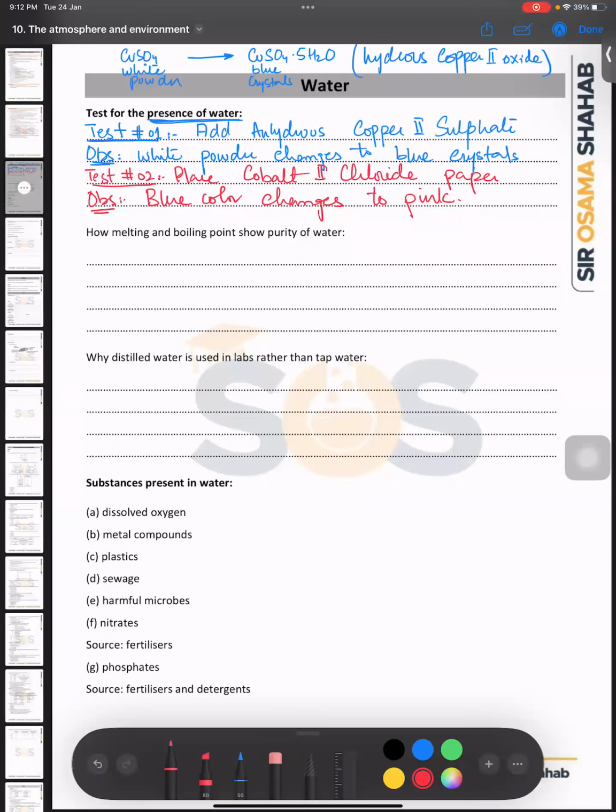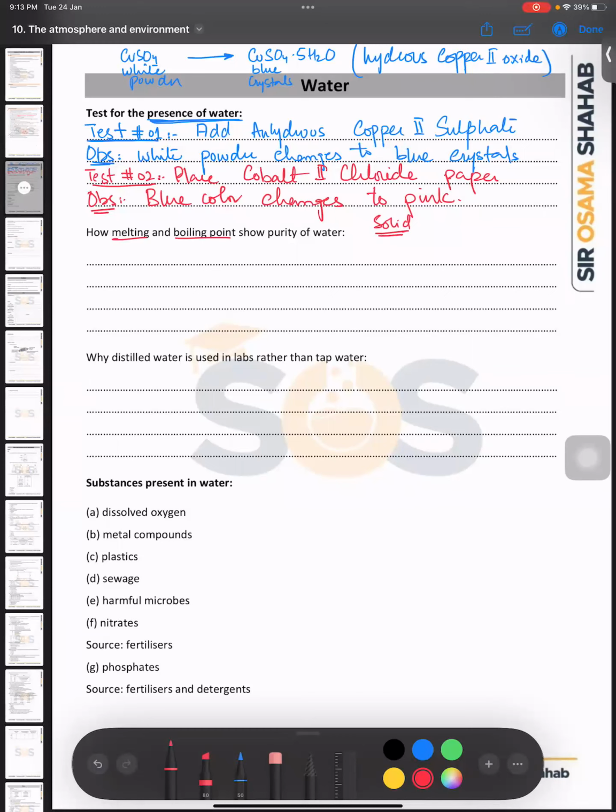One more thing by which we can find out the purity of substances: melting point and boiling point. If something has a sharp melting or boiling point, it means the substance is pure. For suppose if you have a solid, a sharp melting point shows that the solid is actually pure.